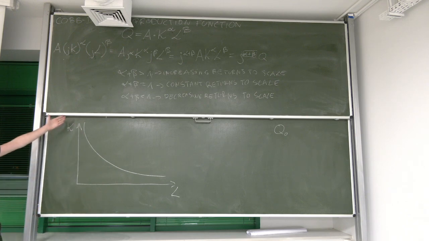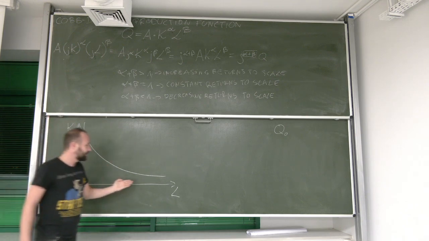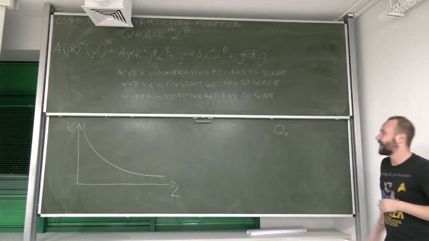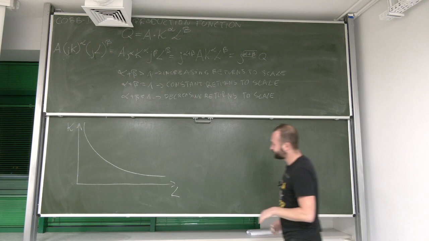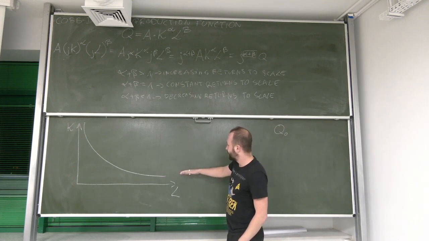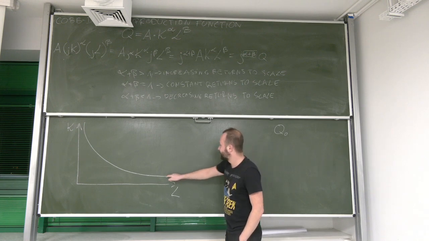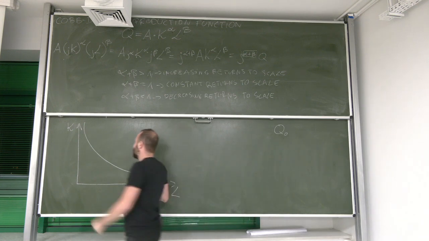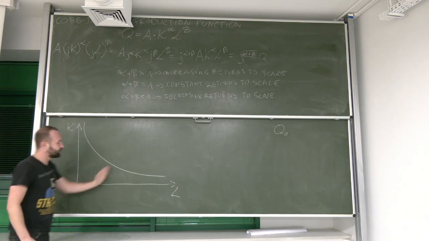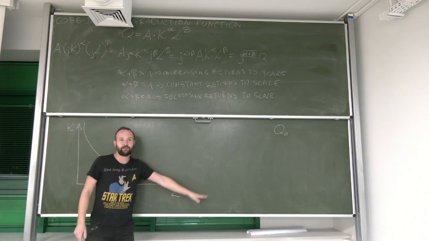And look, the thing is, of course, it's harder and harder to substitute capital for labor, right? Or labor for capital. We see that here, each time when we drop by 1 unit of capital, we need to give more and more units of labor.